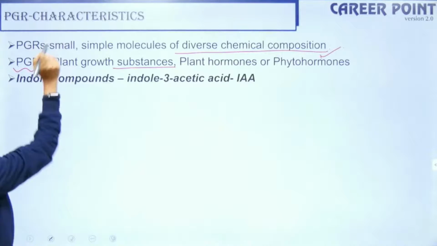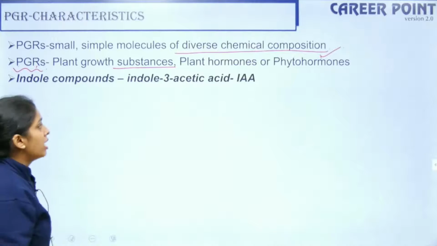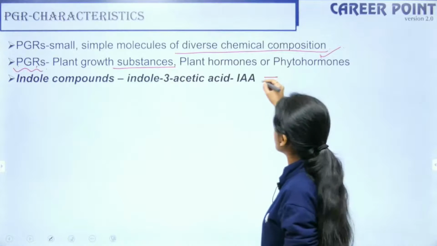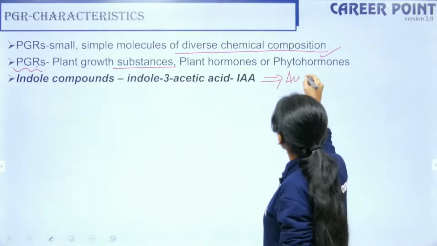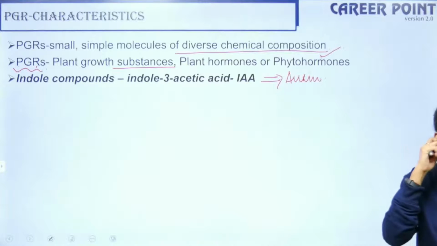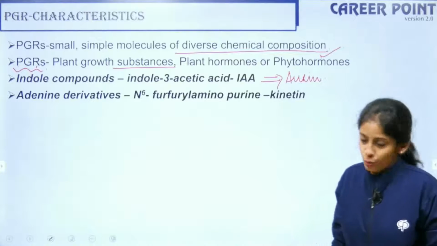The first type is indole containing compounds like indole acetic acid. So this is your auxins. Auxins contain indole compounds in them. This is the first type of plant growth regulator. The next one is adenine derivatives.